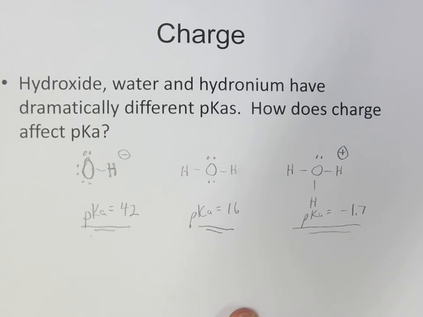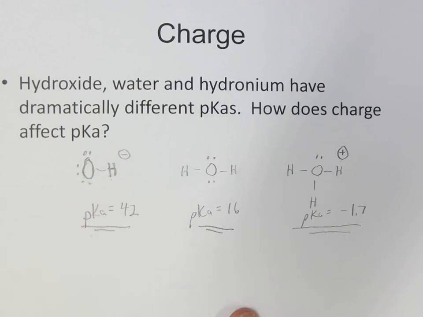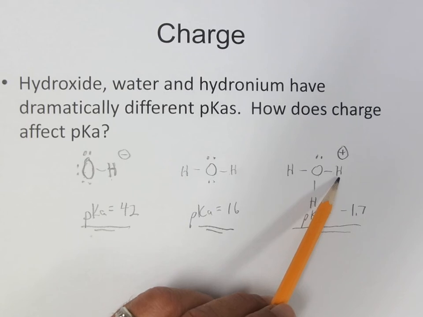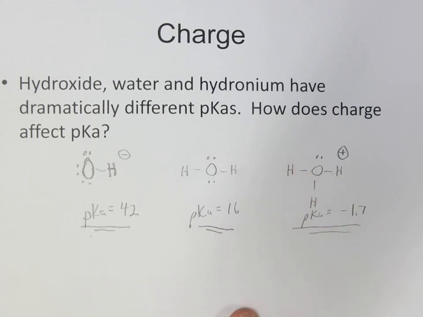And that should make sense, because pulling a hydrogen away from something that's already negative is going to be quite a chore, whereas pulling a hydrogen ion, an H+, away from something that's positive to leave a neutral, stable water molecule should be a relatively easy task.